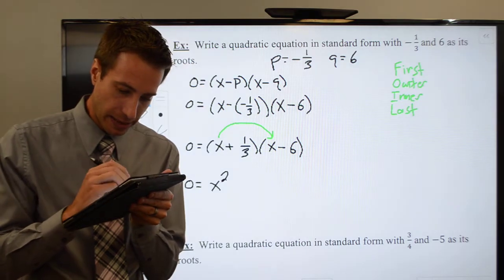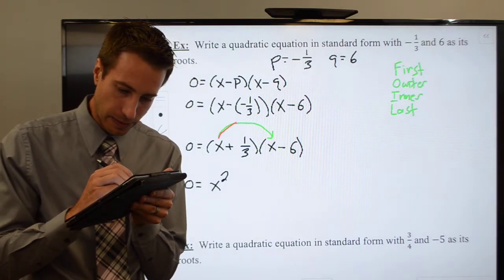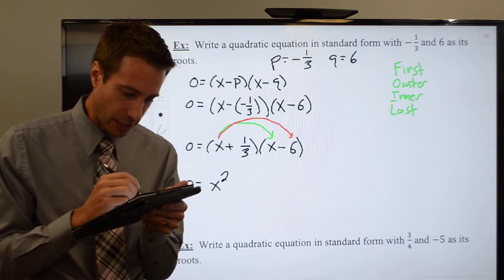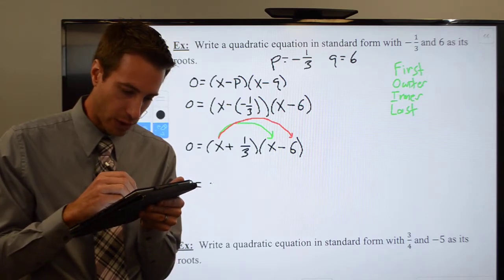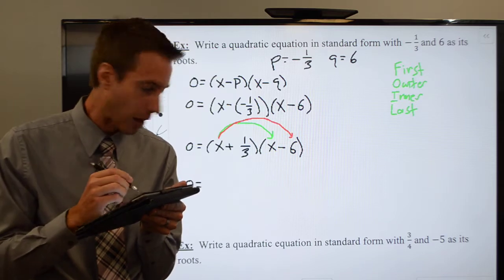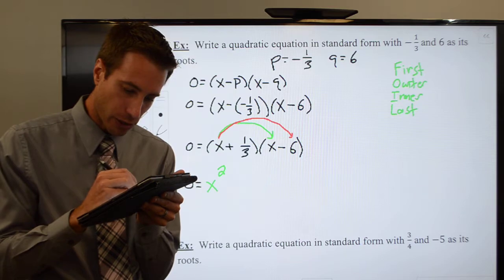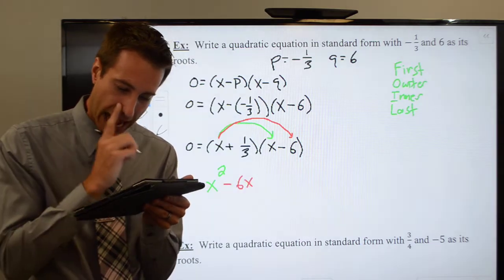So that would be these guys. Let me color coordinate this since I've got the colors. My first terms got me an x squared. My outer terms are going to get me a minus 6x.